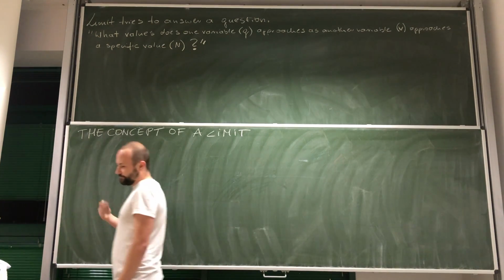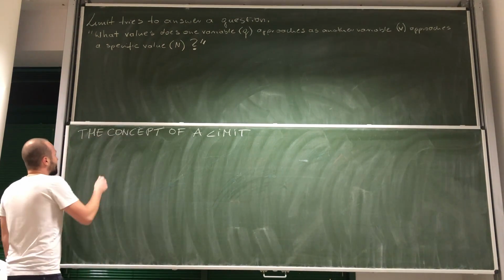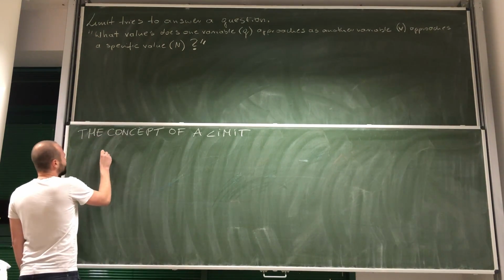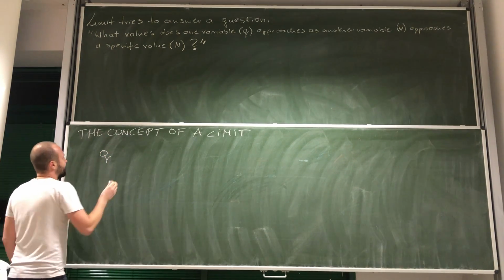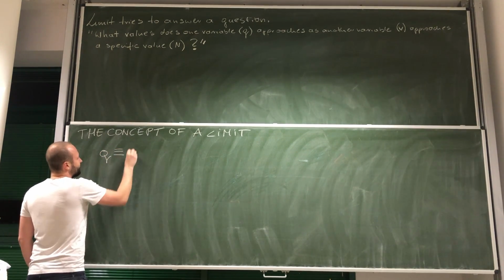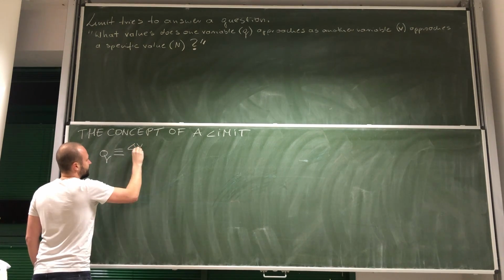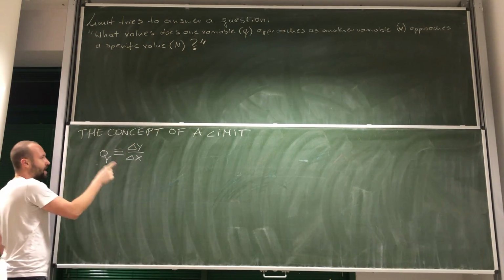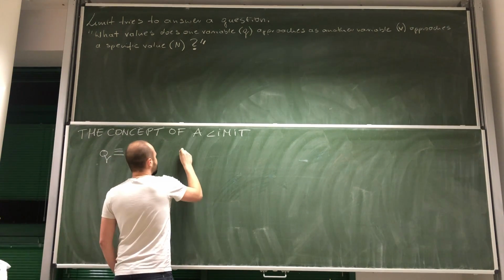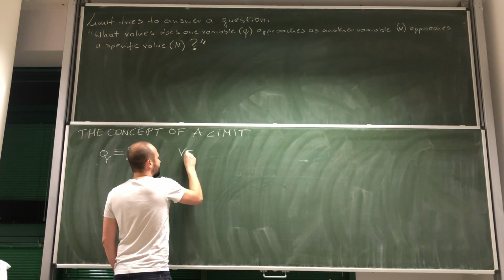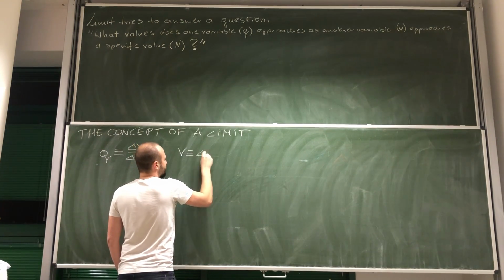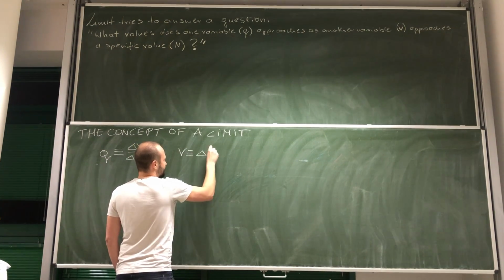Okay, so look, to be more general, let's replace the difference quotient, which we're going to denote as Q, while we're going to say that V is equal to delta x.